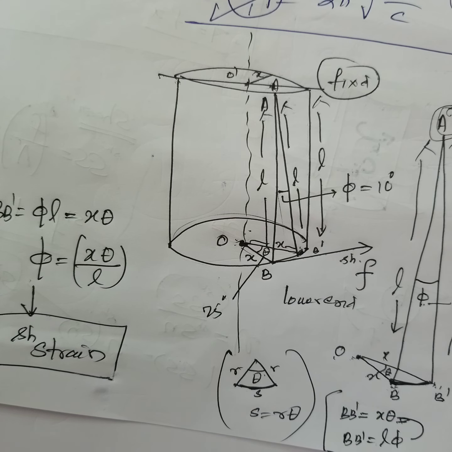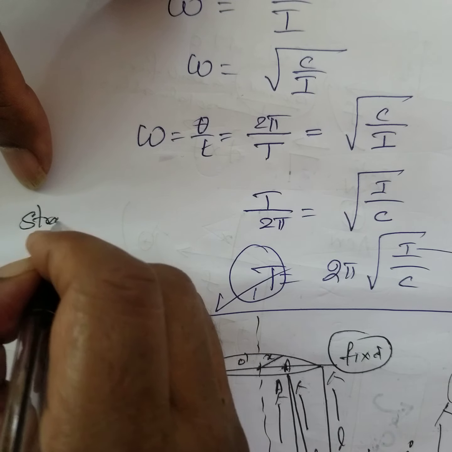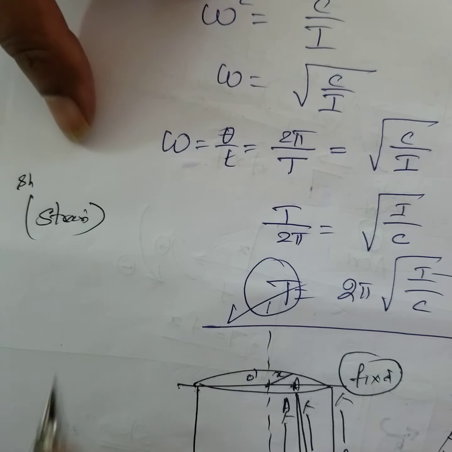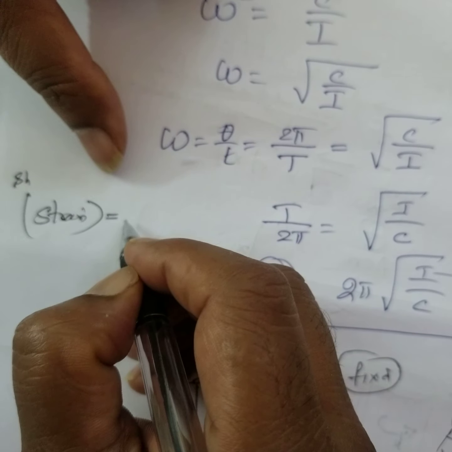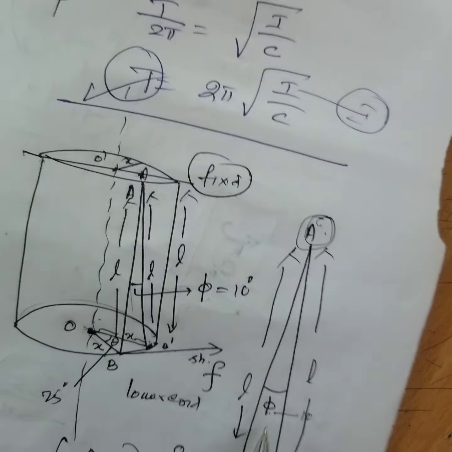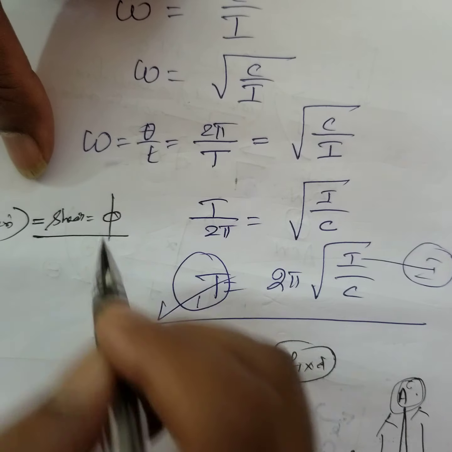Got it? What is strain? Shearing strain is also called shear. It is the measure of the angle through which the reference line rotates, that is phi.